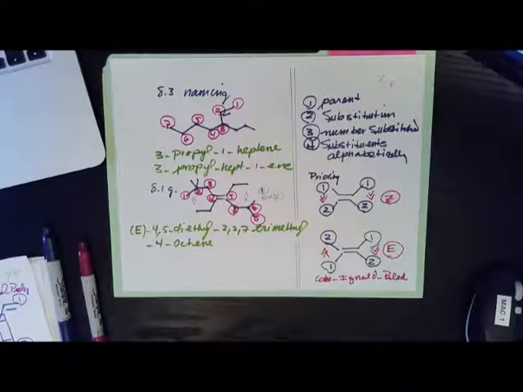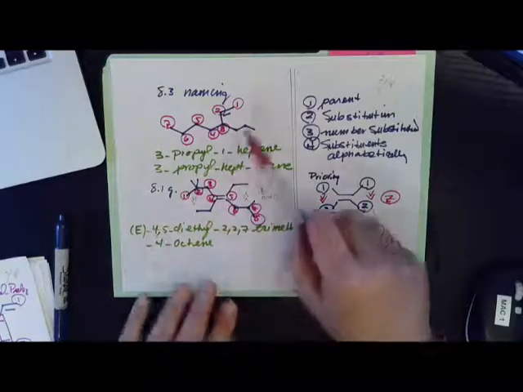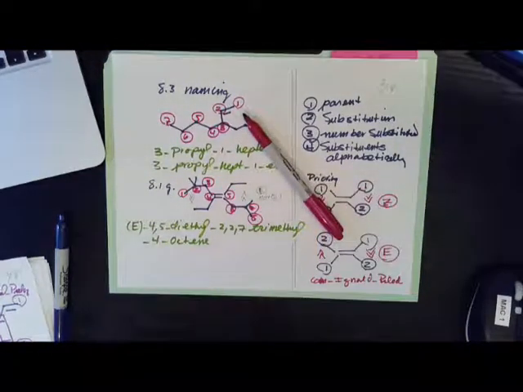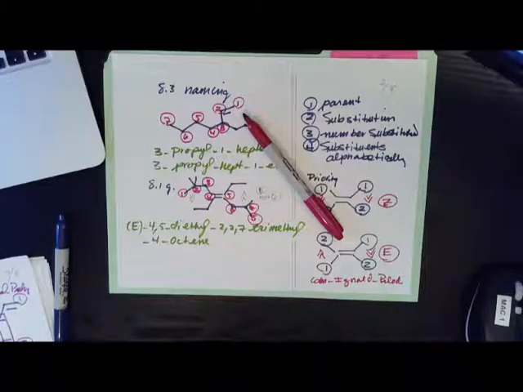Now the difference in this scenario is we have to include the double bond. Double bond always gets 1 and 2. So whenever we start, we have carbon number 1 and carbon number 2, that is a double bond or alkene.